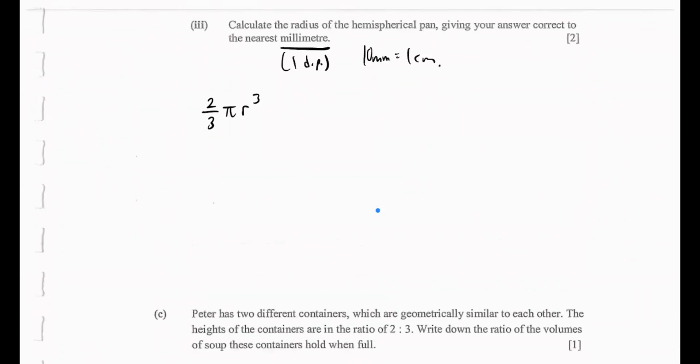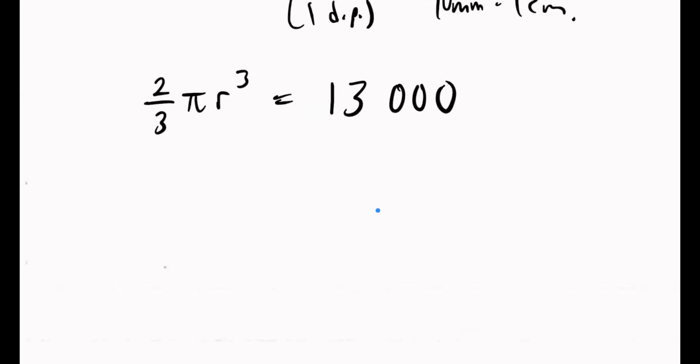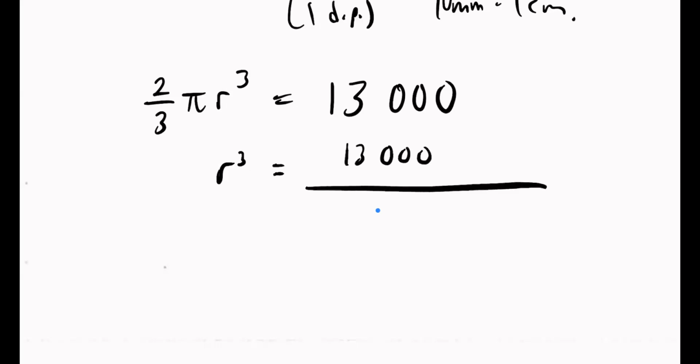We know that the volume of all the soup that's filled up the container is 13,000 cm cube. So you can equate it to 13,000, then solve for r. Just divide by 2/3 pi. So 13,000 on top, divided by 2/3 pi.